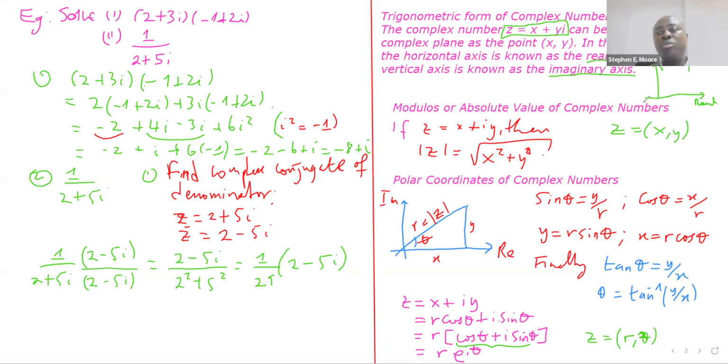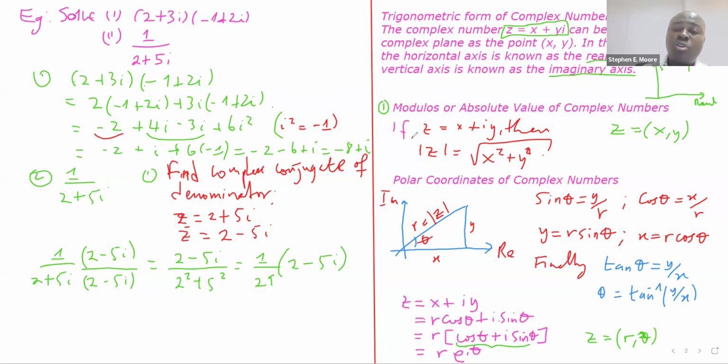All right. So you have a real axis and then an imaginary axis. To derive the trigonometric form, first you need the modulus, or the absolute value, of the complex number.